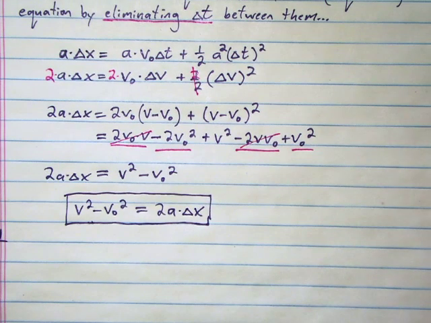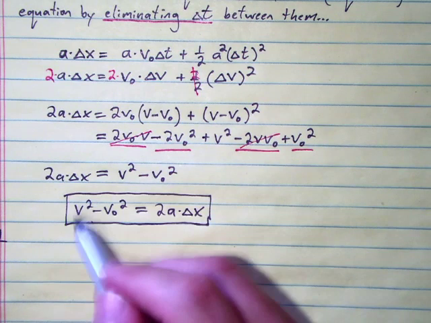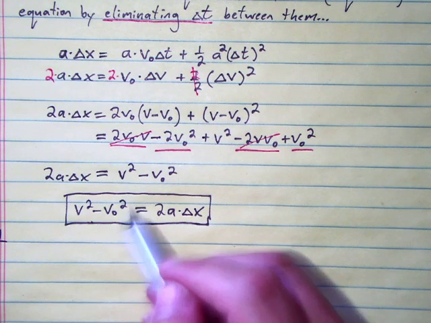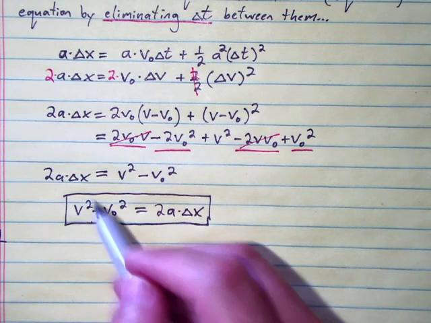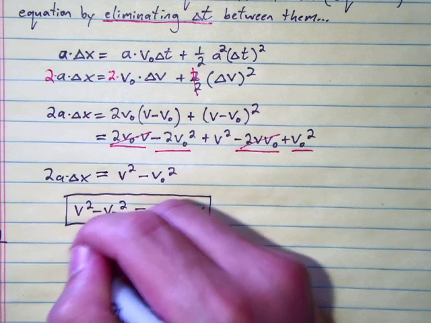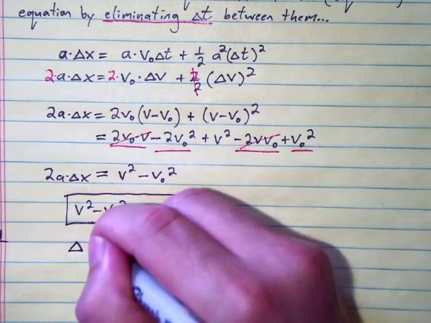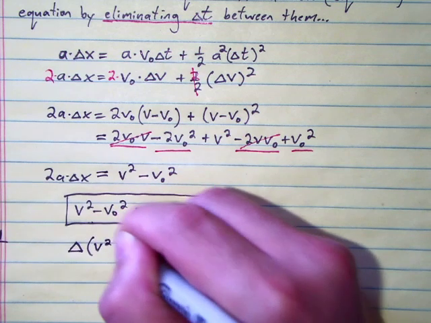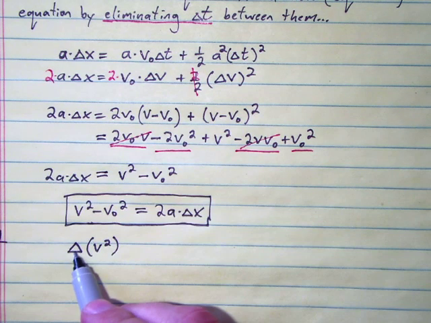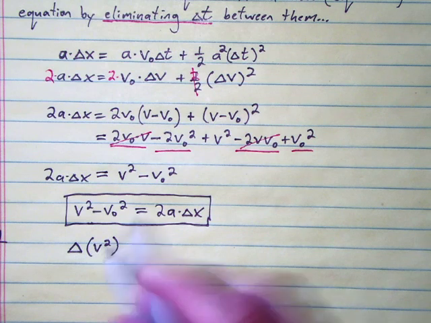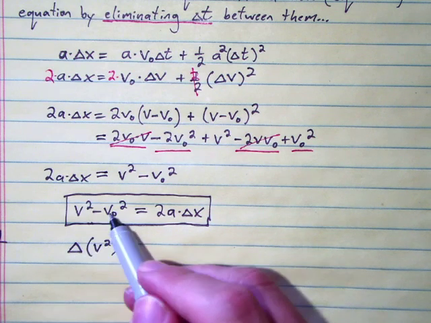One other way to rewrite this: because this is a final thing squared minus an initial thing squared, or a final thing minus an initial thing, we can call the left-hand side delta, and then in parentheses, v squared. It's the change in the v squareds. Here's the final v squared, here's the initial v squared.